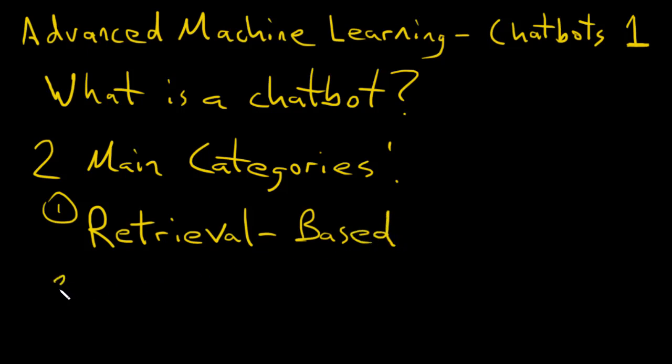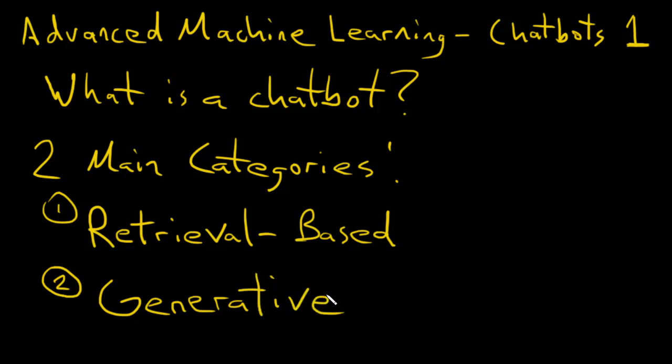And the second one is generative. Those are the two main categories of chatbots. We'll start off with the retrieval based because they are by far the easiest of the chatbots to implement. So let me clear the screen.